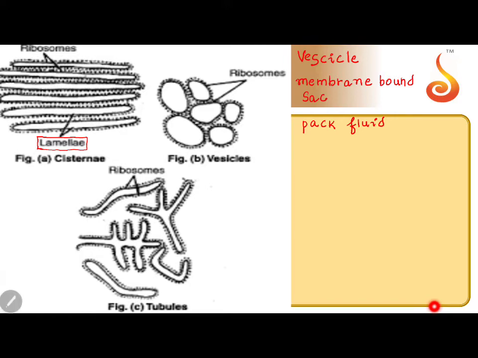They pack fluid inside. They are the transport packets. If something wants to come inside the cell, or something wants to go outside the cell, it usually prefers to do so in the form of a vesicle.